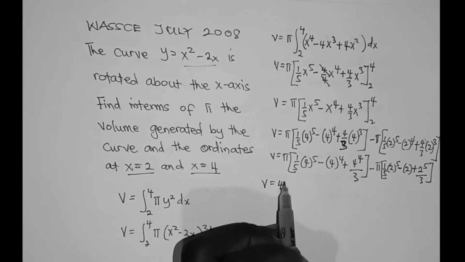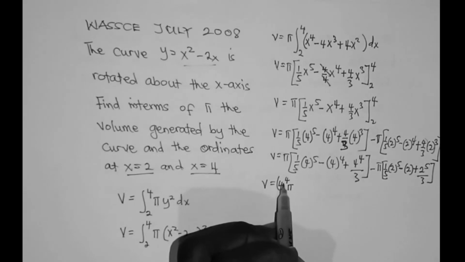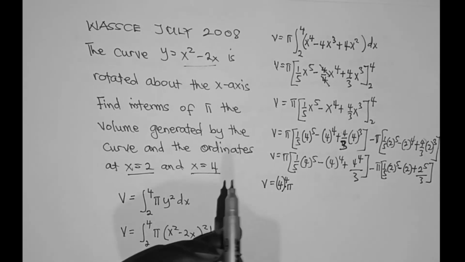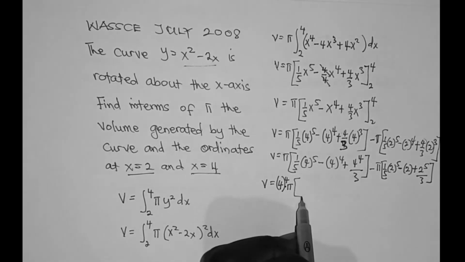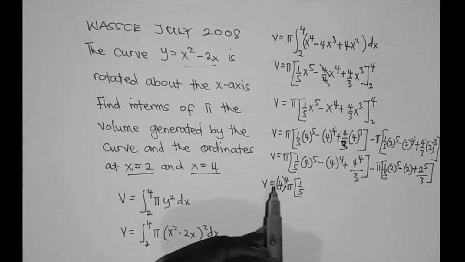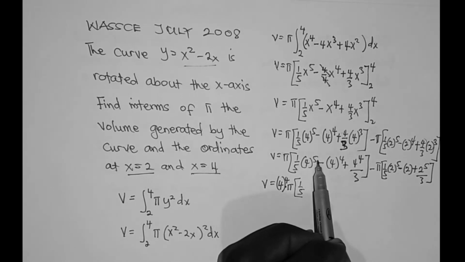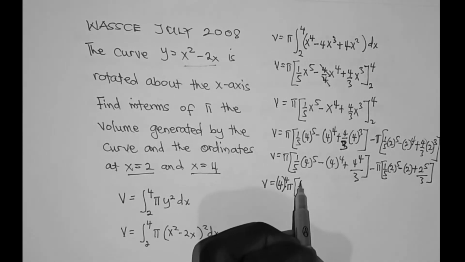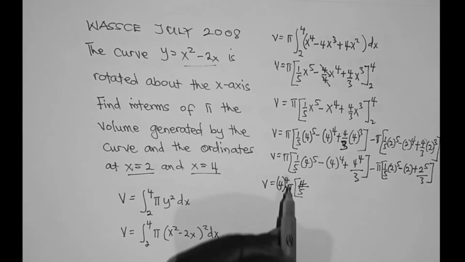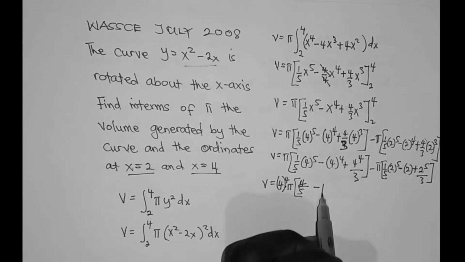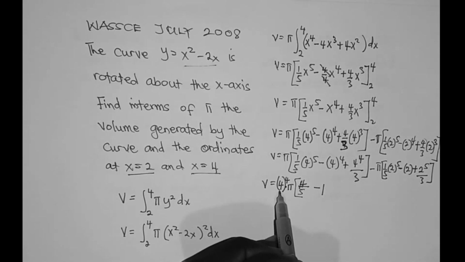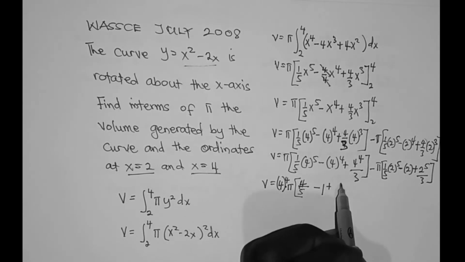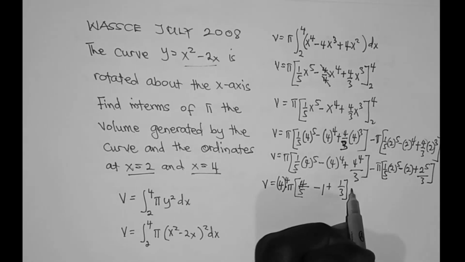So this becomes 4 to the power 4 times pi, times the bracket 1 over 5 times 4, which is 4 over 5, minus 1, then plus 1 over 3, then minus.